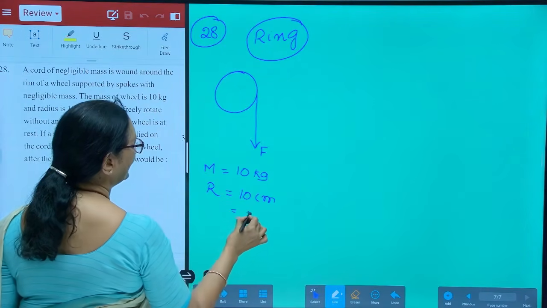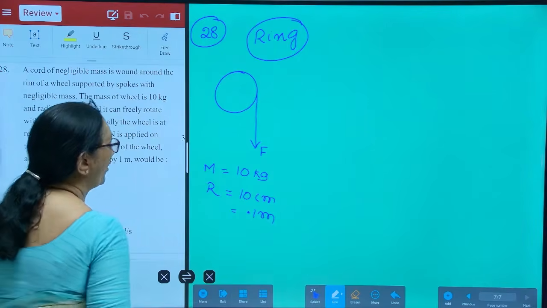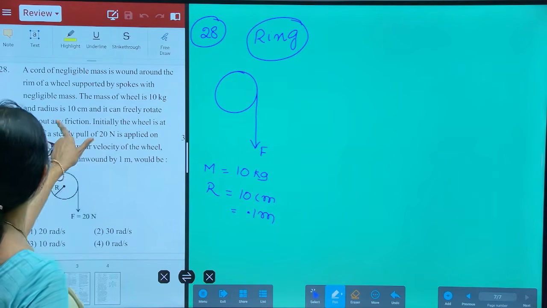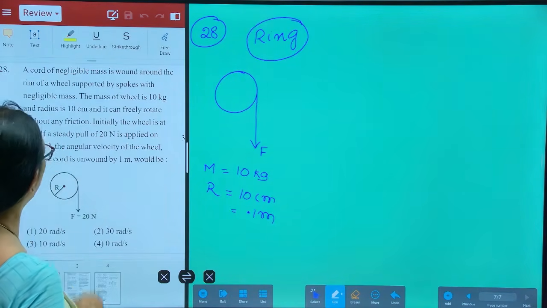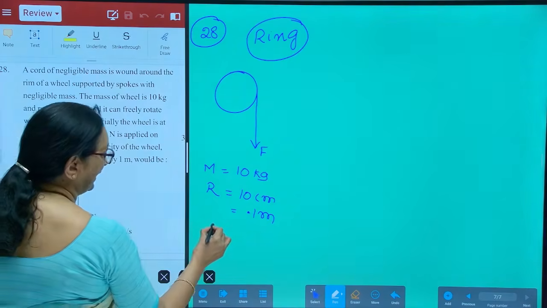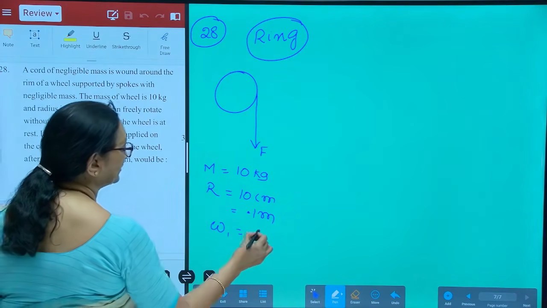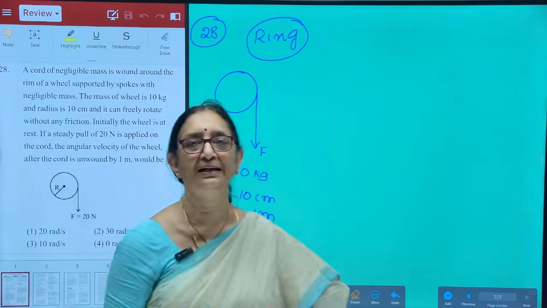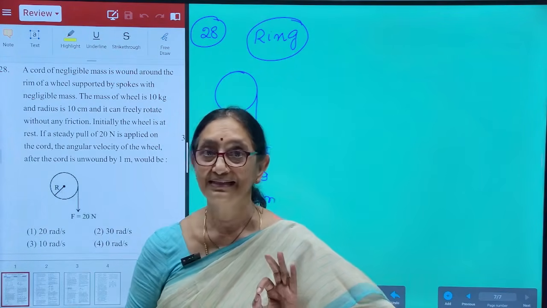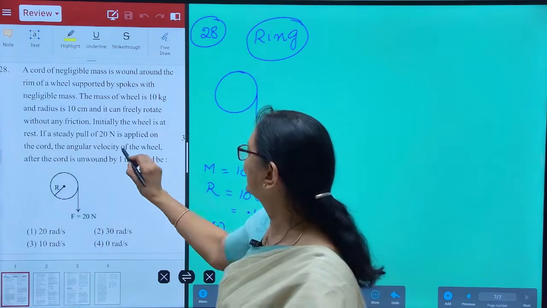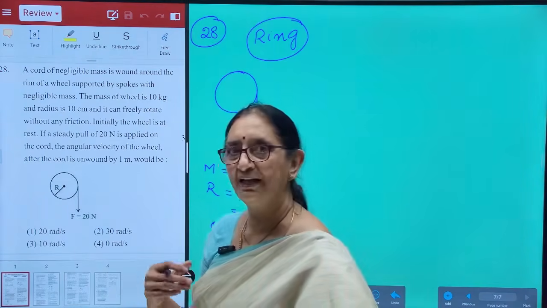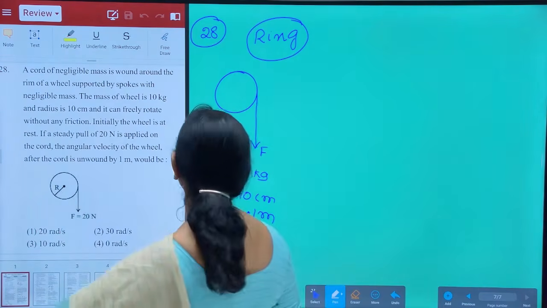Immediately you need to convert that into meters, 0.1 meters, and it can freely rotate without any friction. Initially, the wheel is at rest, so the initial angular velocity of the wheel is 0. Find its angular velocity after the cord is unwound by 1 meter.